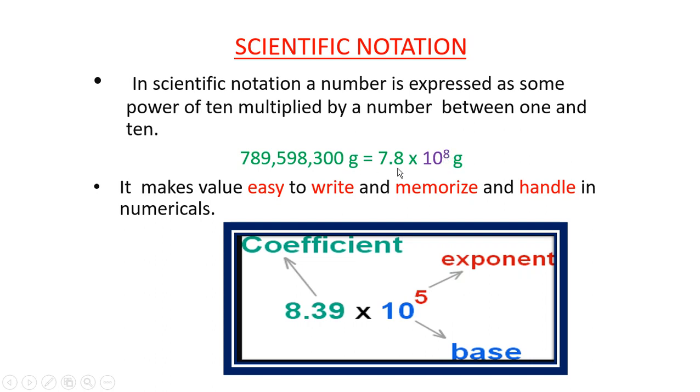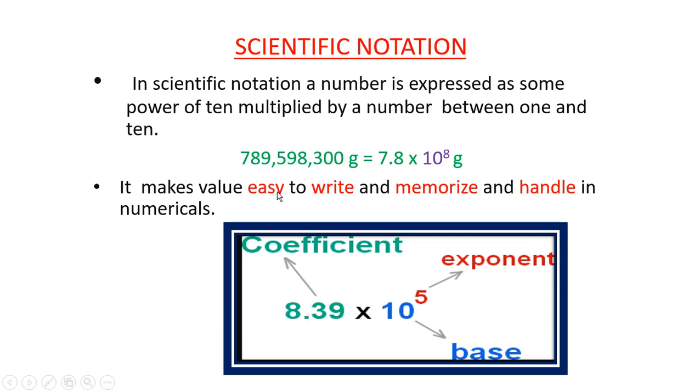Now this is a short form, an easy and simple way. We can memorize it easily and use it easily in calculations without mistakes. So in scientific notation we express a number using a power of 10, which is multiplied by a number between 1 and 10. Why do we use scientific notation?